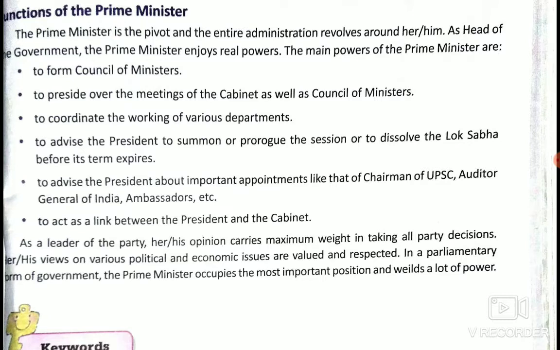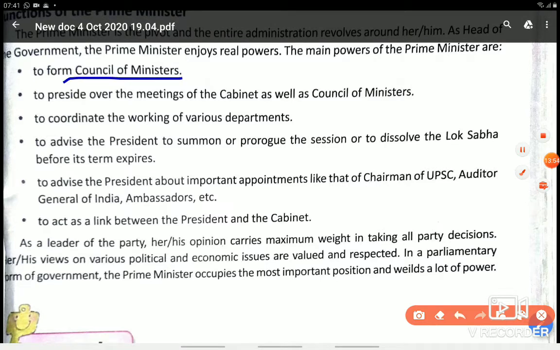Now the functions of the Prime Minister. We all know that the Prime Minister is the head of the government and he enjoys the real powers. So what are his functions? First is to form the Council of Ministers. He will decide which person is going to become a Cabinet rank Minister, Minister of State, or Deputy Minister.